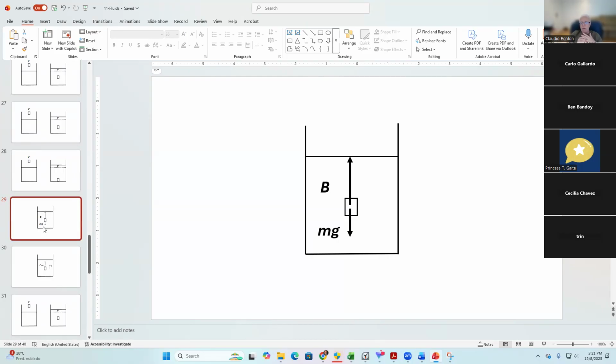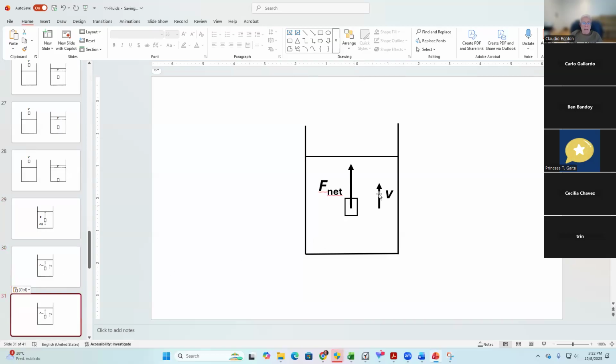An object ends up floating if its buoyant force ends up being greater than its weight. But don't forget, when it's completely submerged. After the object moves upwards, what's going to happen? You're going to have this net force propelling the object upwards. The object is going to acquire a velocity, and eventually it's going to float.